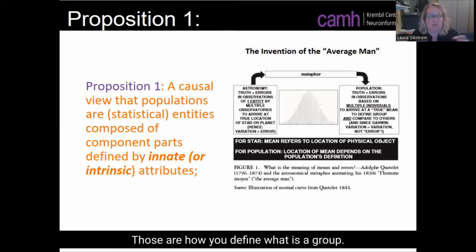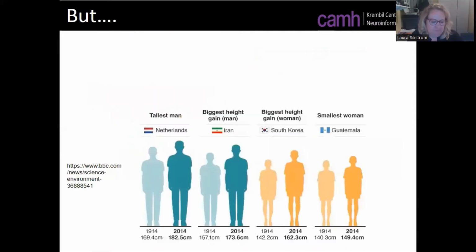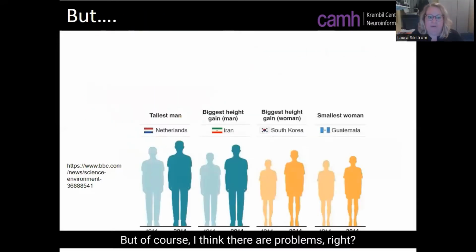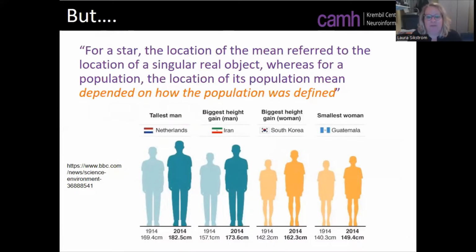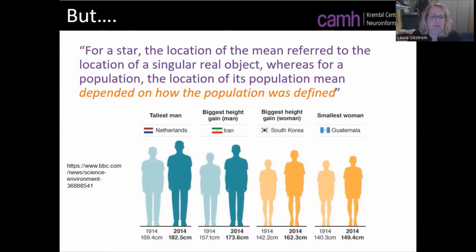Those are how you define what is a group. But of course, I think there are problems with this, right? So a star isn't actually a real object, whereas for a population, the location of its population mean depends on how the population is defined.